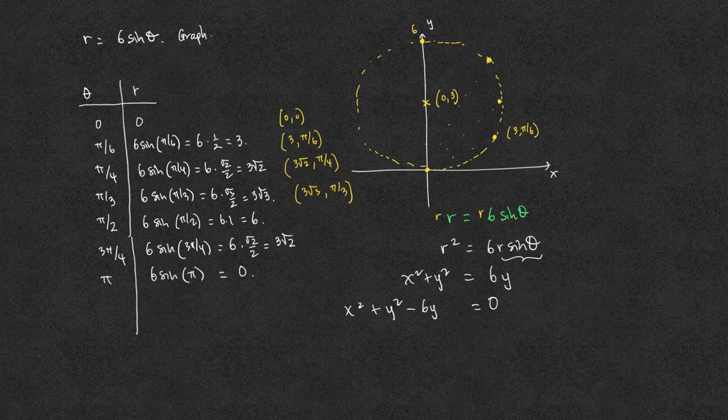To complete the square, we would need to add 9 to both sides of the equation. The left-hand side is now x squared plus y minus 3, the whole quantity squared, and the right-hand side is 3 squared. This is the equation of the circle centered at x equals 0, y equals 3 with the radius of 3.